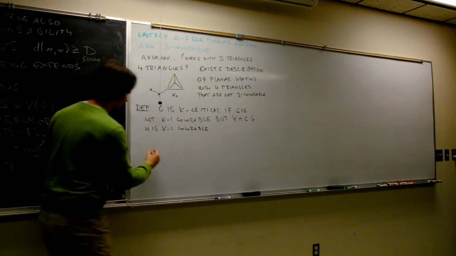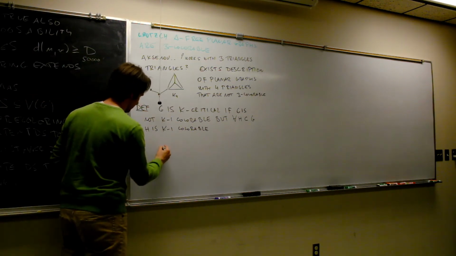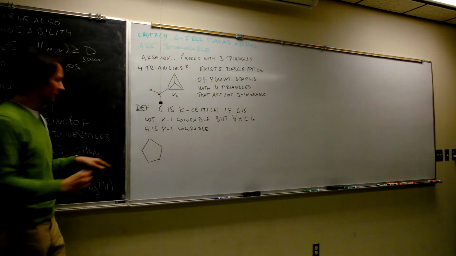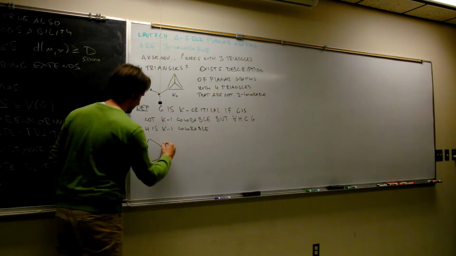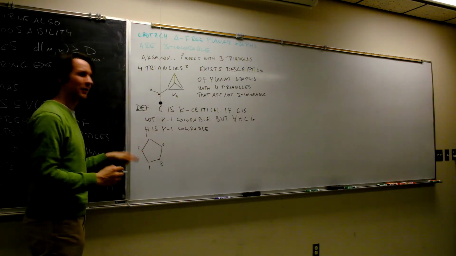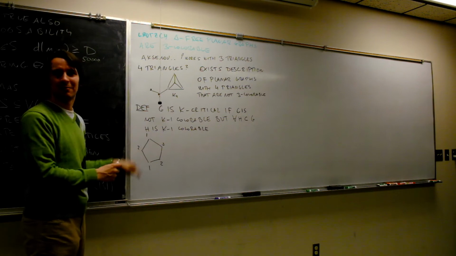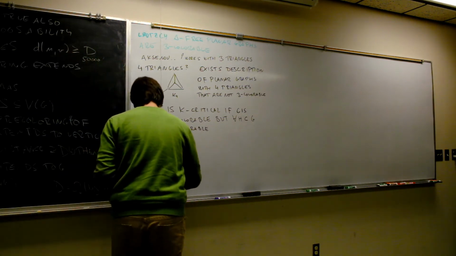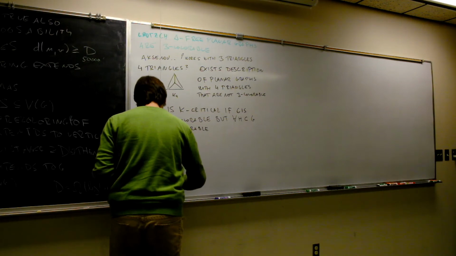A few small examples: 5-cycles, for example. Right? You need 3 colors. You cannot do it with 2, but if you remove any edge or vertex, it's bipartite. So this would be 3-critical.